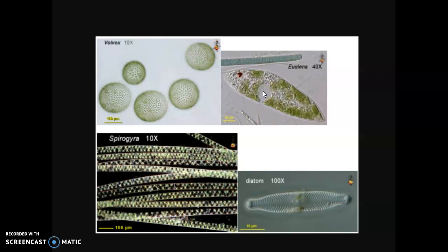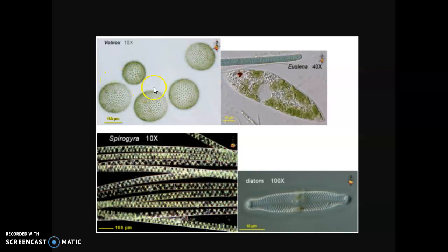That kind of helps Euglena move throughout its environment because it will live in an aquatic environment. And so Euglena serve as algae as food for typically freshwater organisms. We'll find this typically in freshwater.